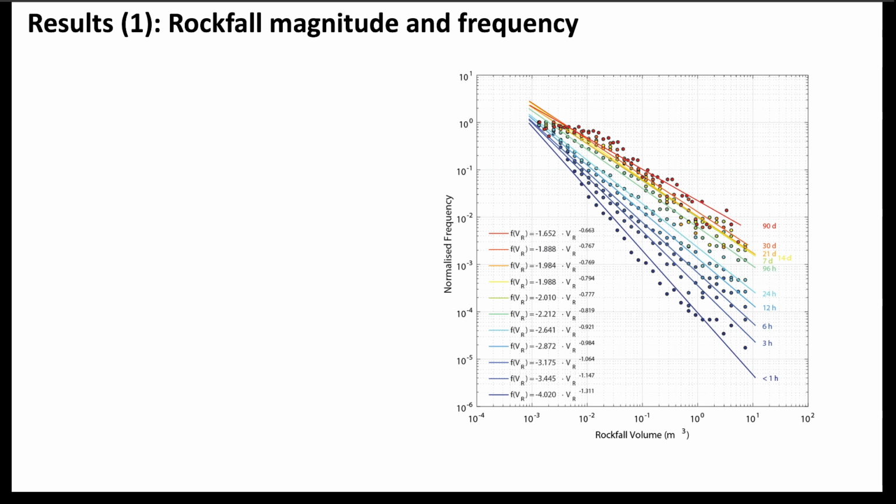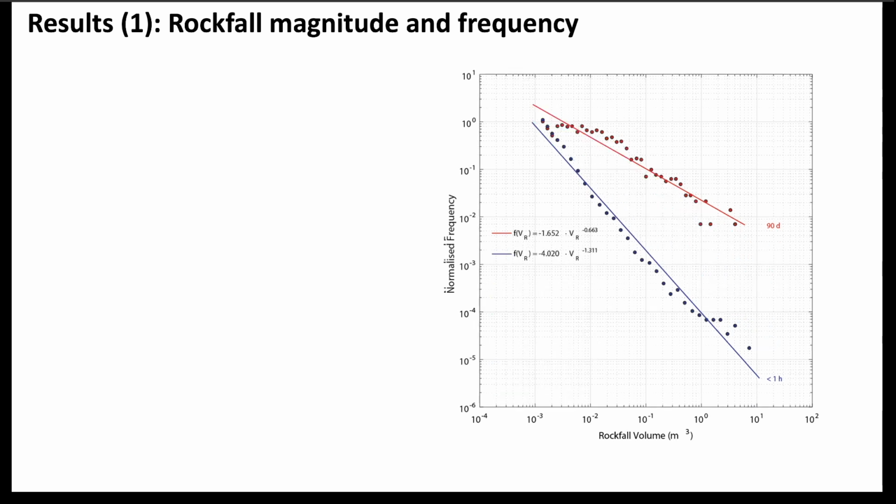What you notice is the form of that line changes depending on how frequently you monitor the cliff face. One way to simplify this is to compare the end numbers. If we monitor every hour, we get the blue data. If we monitor every 3 months, we get the red data. So clearly how frequently you monitor the cliff face has a big impact on the form of the magnitude frequency relationship, or the probability of rockfalls of different sizes, quite significantly.